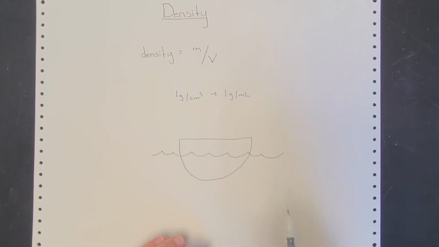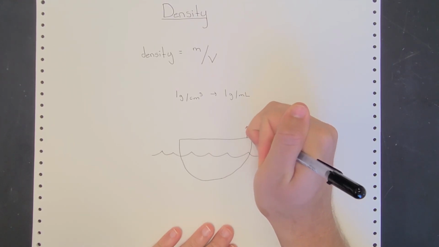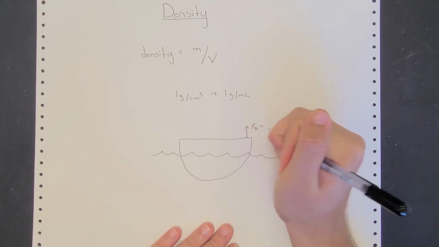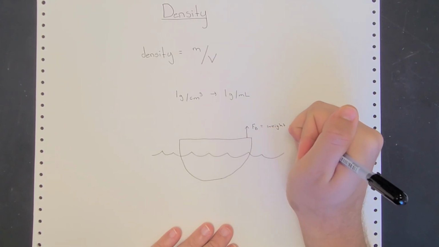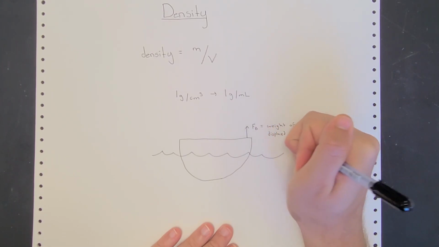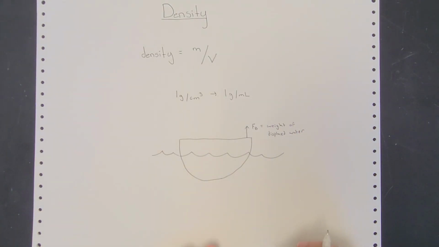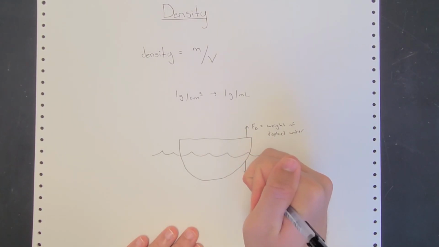So anytime we have an object sitting in water and it's floating, there's going to be a buoyant force pushing up on it that we're going to call FB. And this buoyant force is actually going to be equal to the weight of displaced water. And what I mean by displaced water is the amount of water that would have been there if the boat wasn't there, okay? And then it's going to obviously be pushed down by the force of gravity.